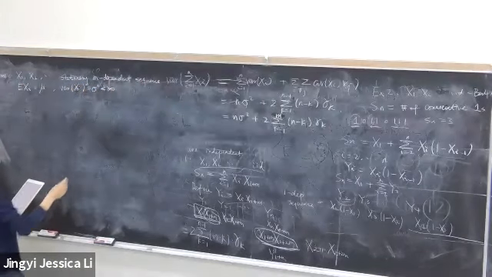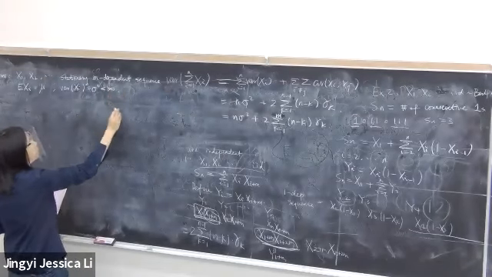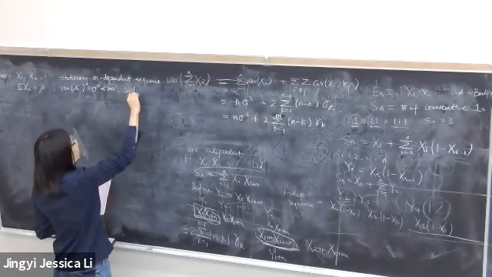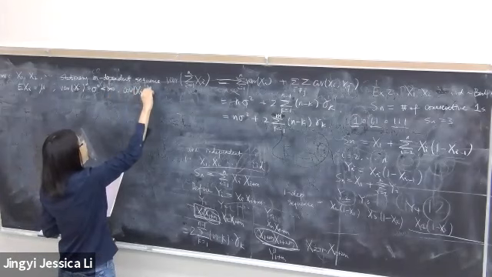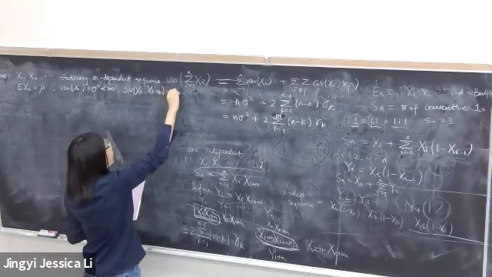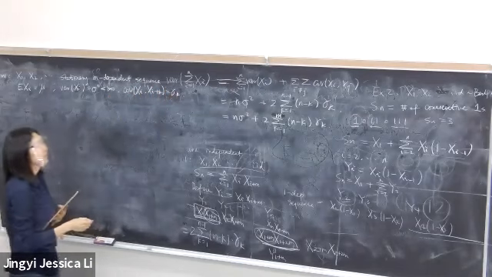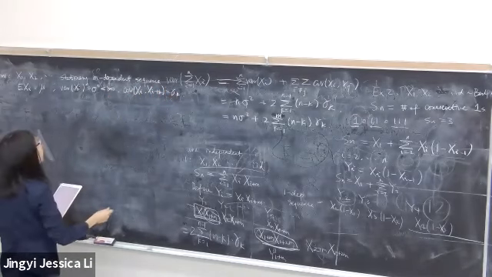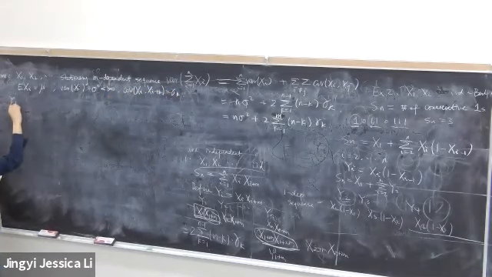And they have the covariance of xi and xi plus k denoted by gamma k. And this gamma k is 0 if k is greater than m. And this is implied by the m-dependence.